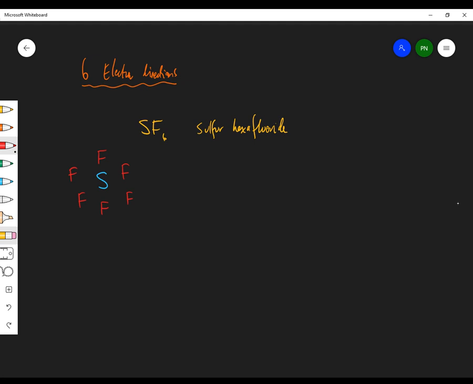It's like this. So if you were to draw this, if you look around the central sulfur, actually, it's got 12 electrons around the central sulfur.